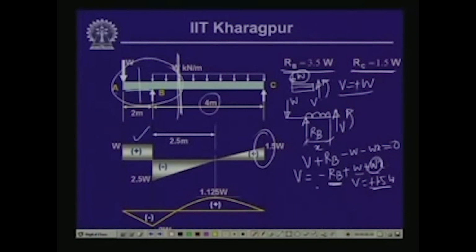So, RB is minus 3.5 W and W is W. So, this is equal to minus 2.5 W.